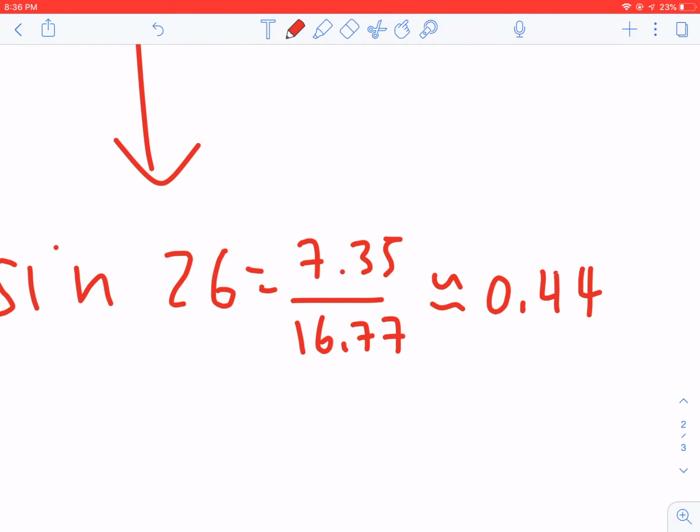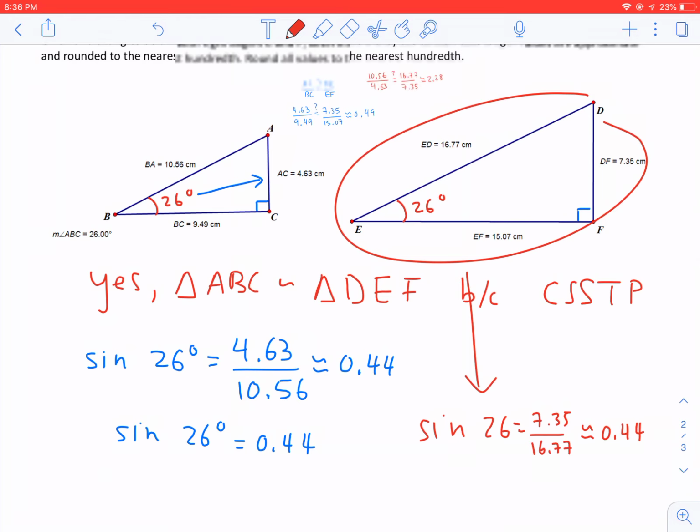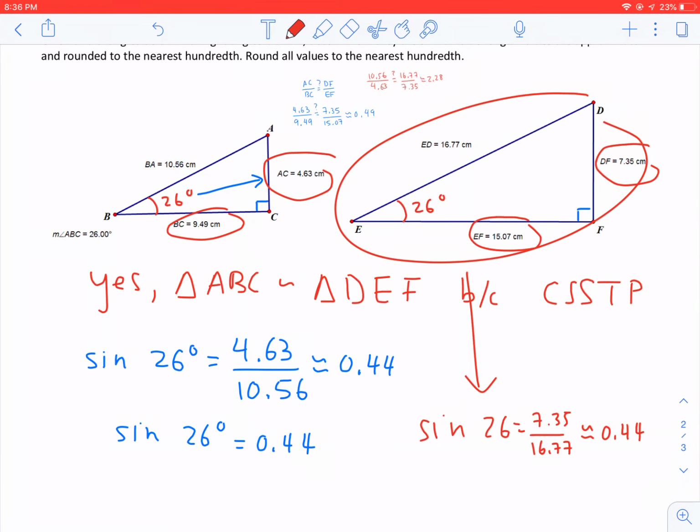And that is because these are similar triangles, so of course, corresponding side lengths are going to be in the same proportion. Right? So these trig values for sine, cosine, and tangent, they're going to work for any right triangle, as long as the angle is the same.